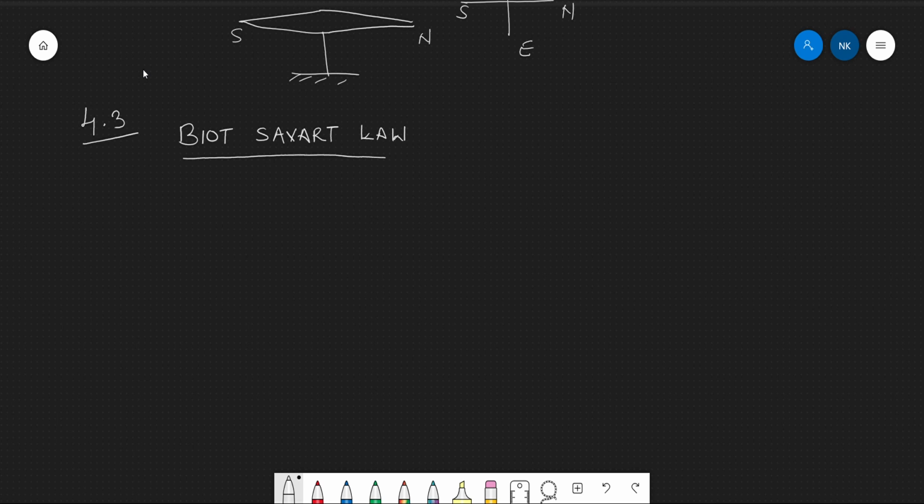Okay, so this Biot-Savart law basically explains what the magnetic field is due to a current carrying element. I repeat, current carrying element.